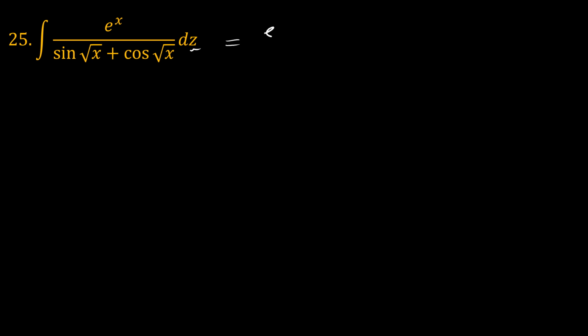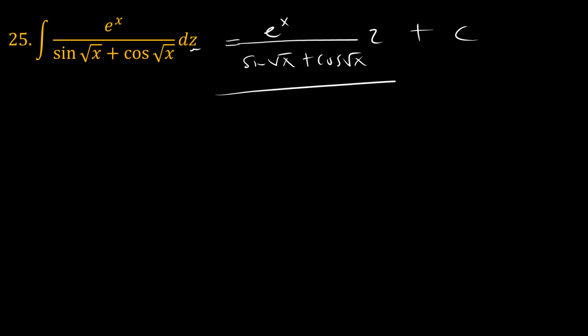My thought is this would be e to the x sine square root of x plus cosine square root of x z plus c. I don't know if you have an alternative solution. Please reach out to us and let us know. But we think that this was the bigger trick in the entire question.